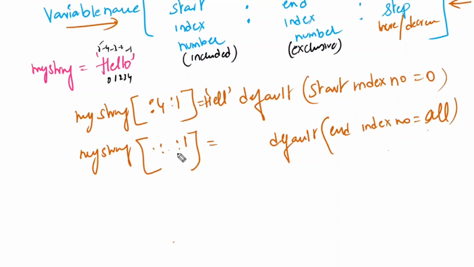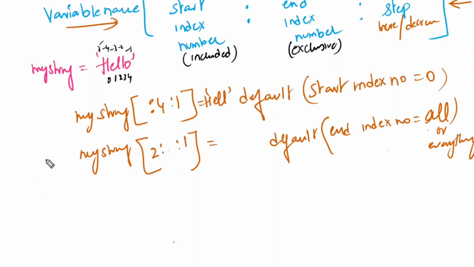The meaning of this is, the first number I have written, the second number I have not written, which means you have to consider everything till the end. The last one also you have to consider.